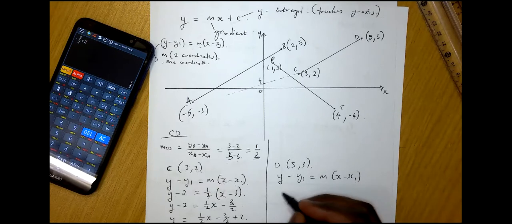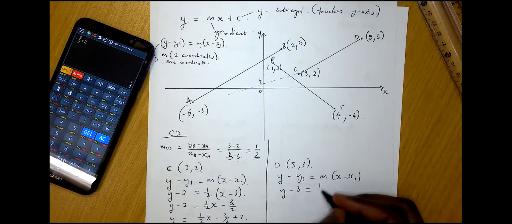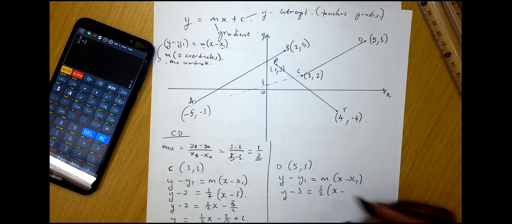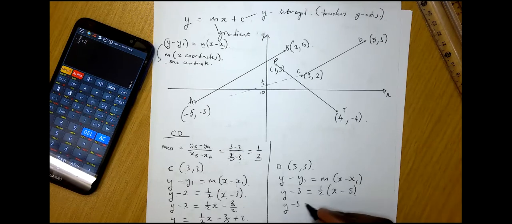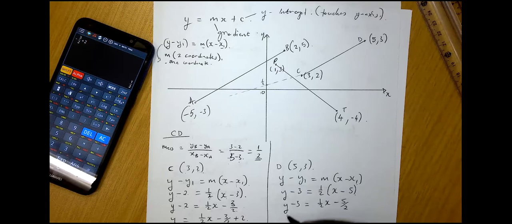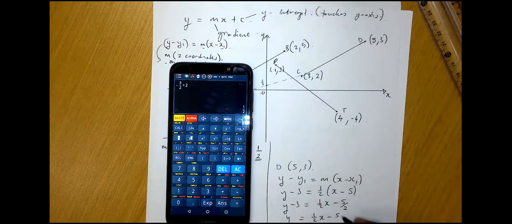What do we have here? y minus 3 is equal to m, which is half, times (x minus x1, which is 5). Then y minus 3 is equal to half x minus 5 over 2. Then y is equal to half x, then we check here, minus 5 over 2 plus 3.